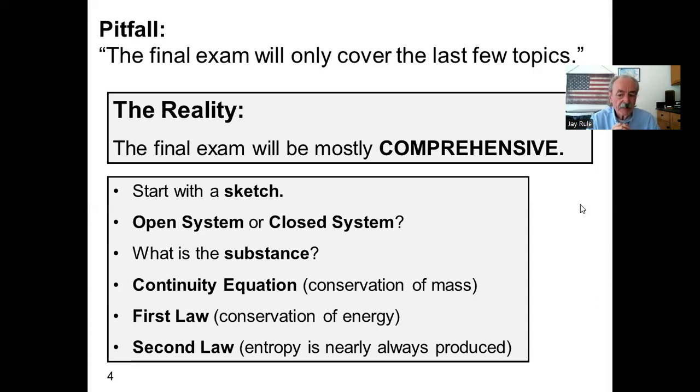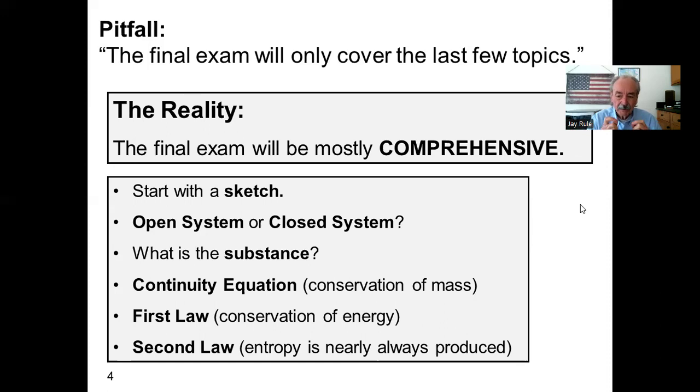Three things that are definitely comprehensive that you will be tested on in the final exam. Can you work with the continuity equation, conservation of mass? Can you work with and solve problems using the first law, or conservation of energy? And then finally, I suspect you're going to be asked questions about the second law, in which entropy is nearly always produced.